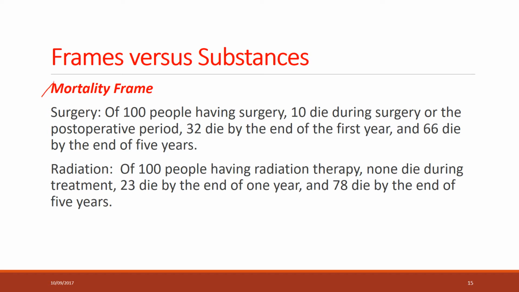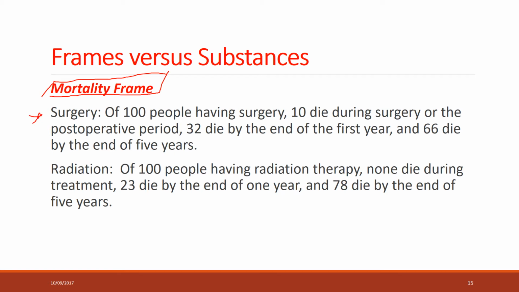Alternatively, we have the same information, the same statistics about these two types of treatment, but we can frame it a bit differently, right? In this case, we convey the information by talking about the mortality rate instead of the survival rate, right?